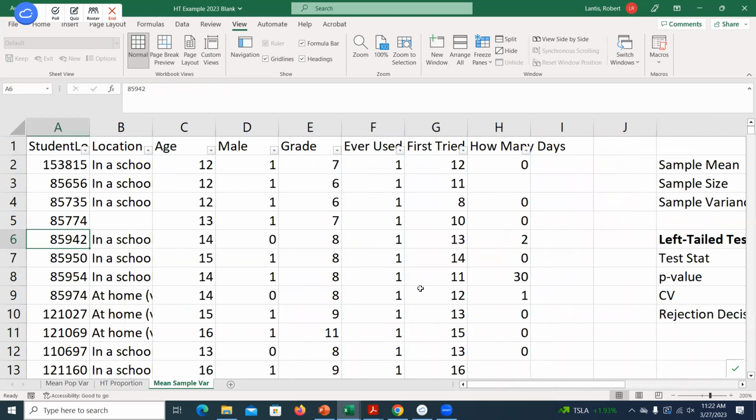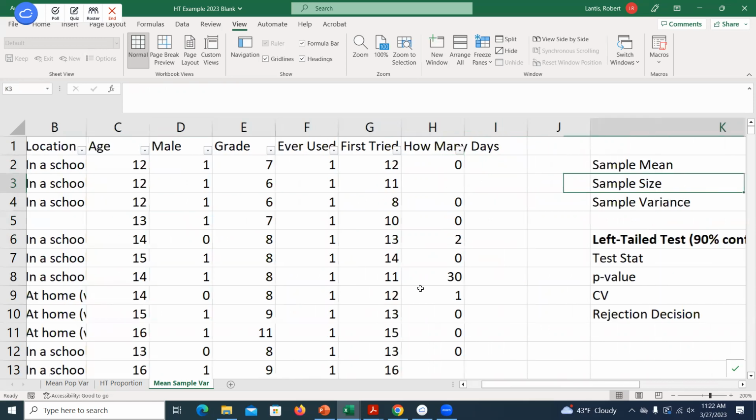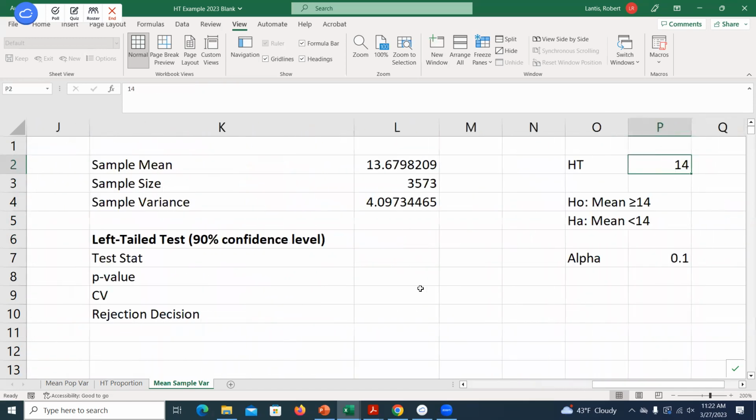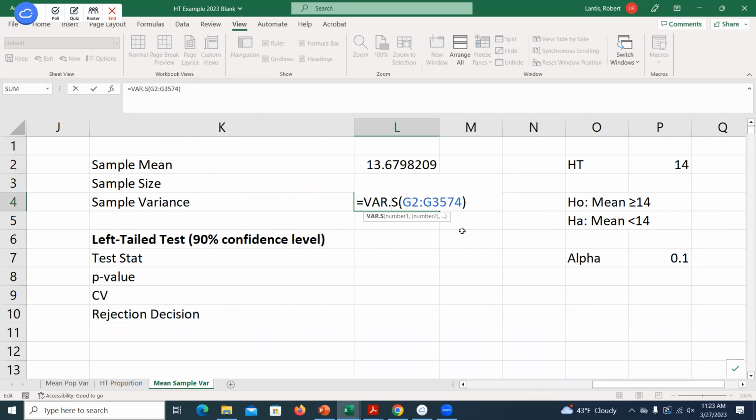So this other data set, mean, sample variance. Here I'm looking at that e-cigarette or vaping data. This is the age the student first tried an e-cigarette. All I did was find my sample mean and sample size, and since I didn't have a known population variance, I used VAR.S to find my sample variance.